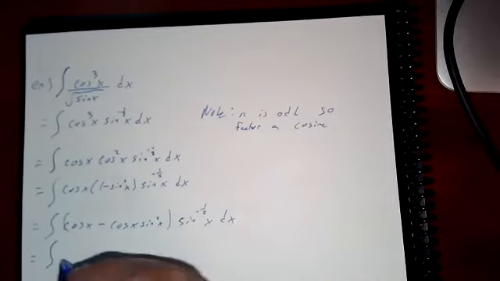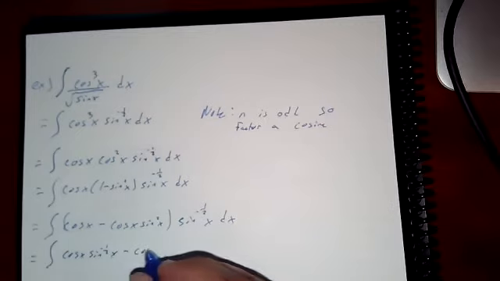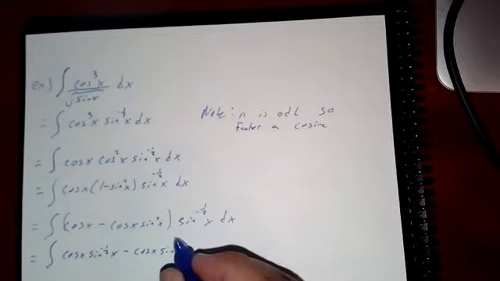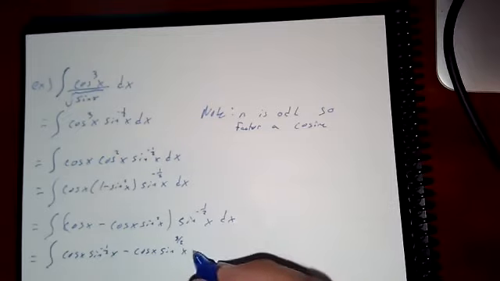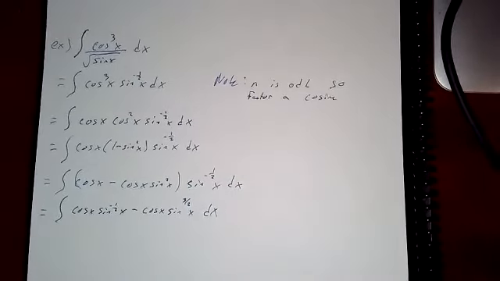We will get cosine x sine negative half x minus cosine x sine squared times sine negative half, which will be sine 3/2 x dx. Right?